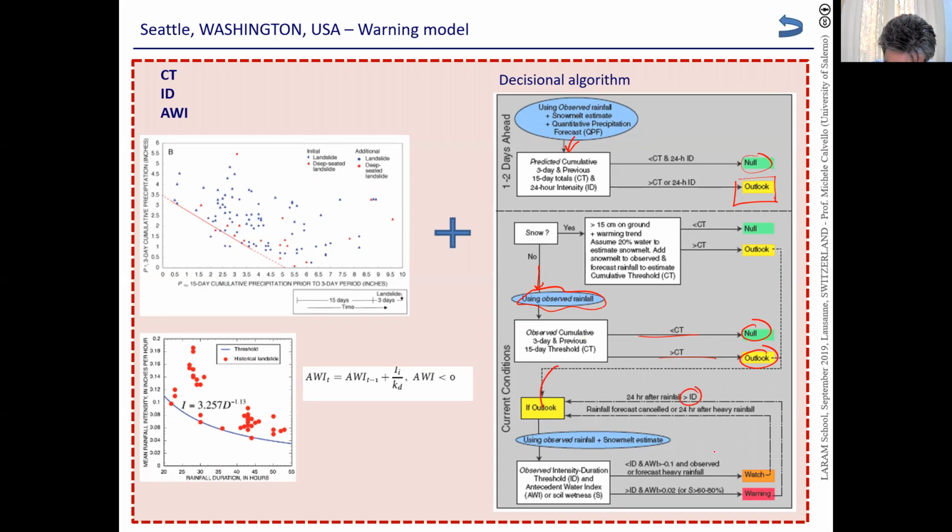First of all, you go here, and then you go with ED and AWI, and depending on where they stand, you can go to orange or you can go to red. Basically, there is a procedure. So the warning model is using what you devised, setting up thresholds, and deciding what to do when.